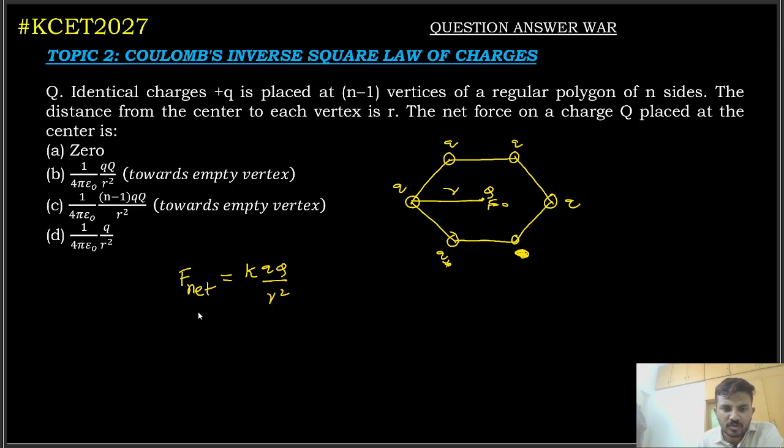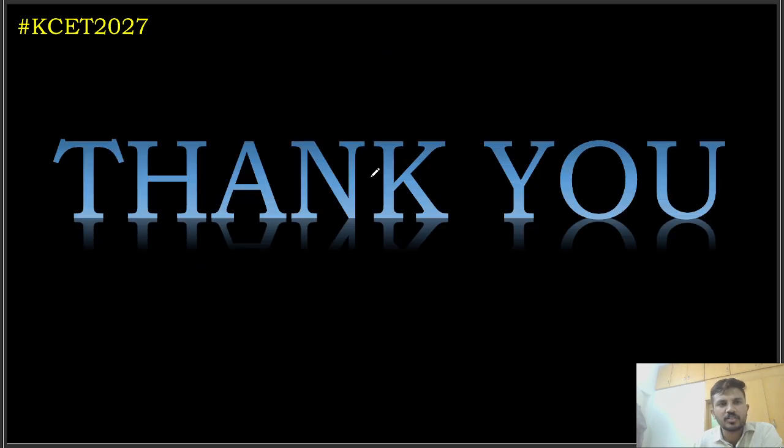So that is given in option B. And what is the direction? That will be towards the empty space. If I place a small charge here, Q, it will exert equal force in opposite direction. Then the force will get cancelled. That's why option B is correct. If you want, we'll discuss more about this in the next sessions. You can just comment me. Okay, this is about this video.